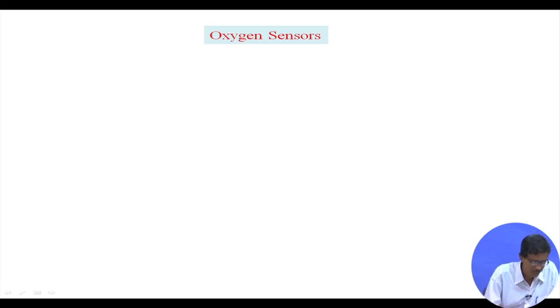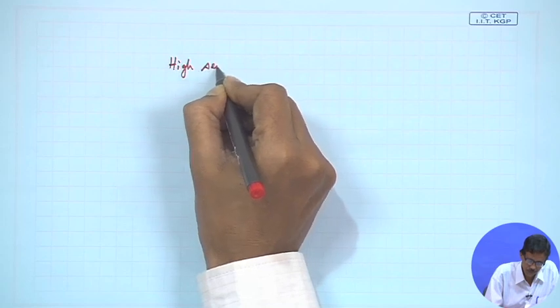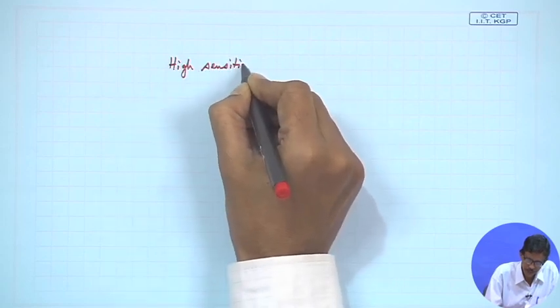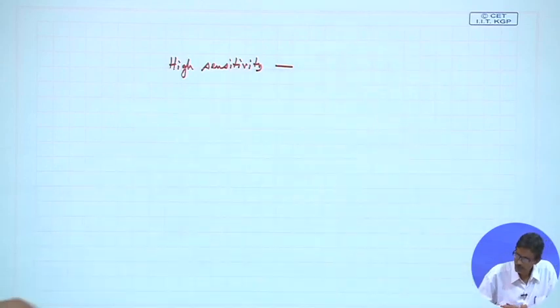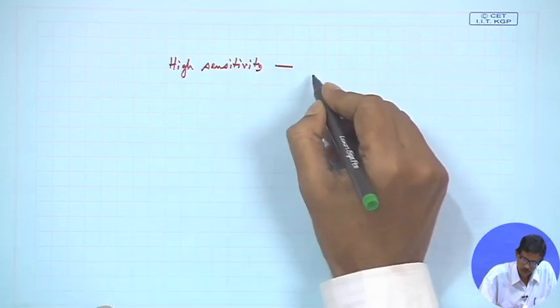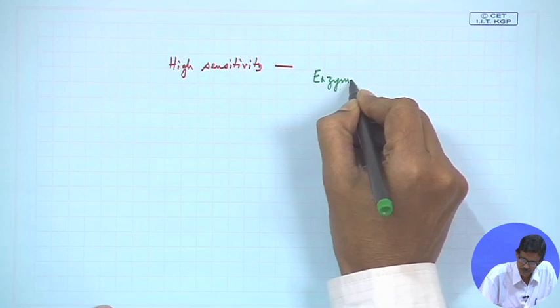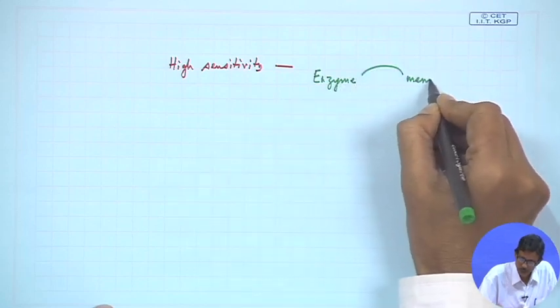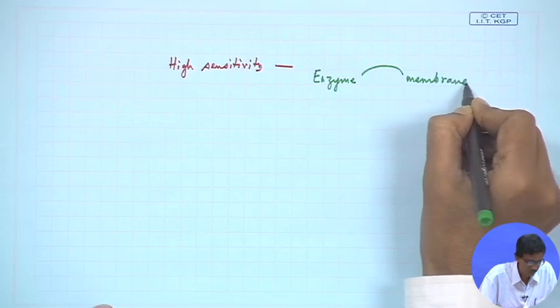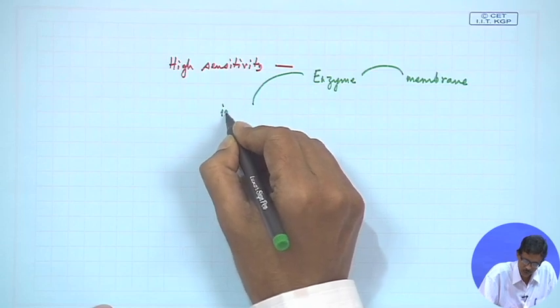So, we can bring high sensitivity for the corresponding reaction. That means you have to have some biological sensing element, and for that we bring the corresponding enzyme, and this enzyme we can put within the membrane, or it can be immobilized on the electrode surface.